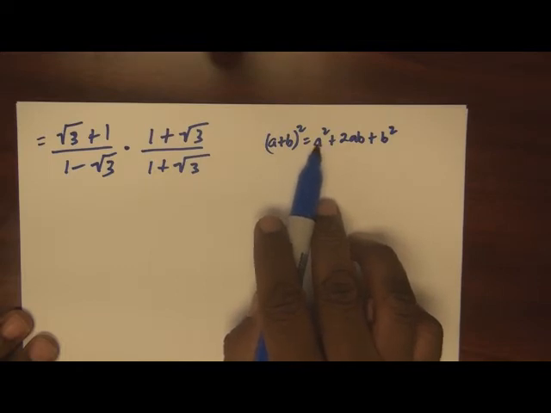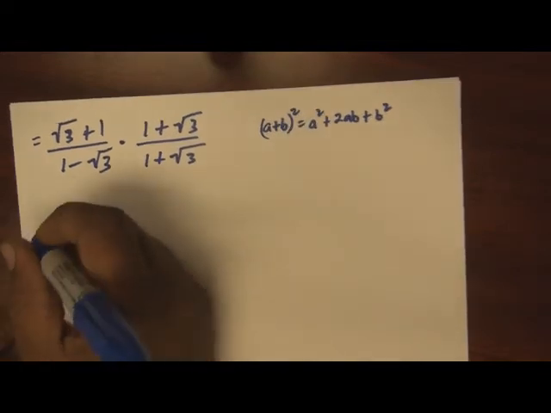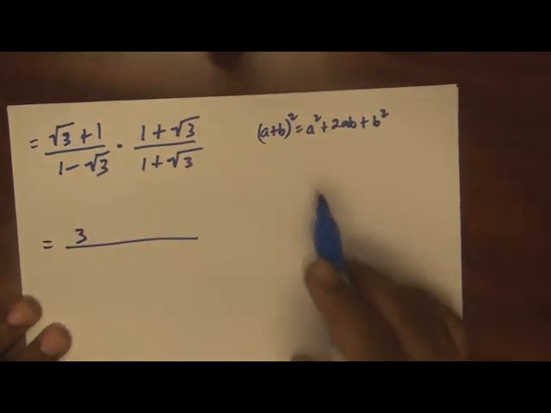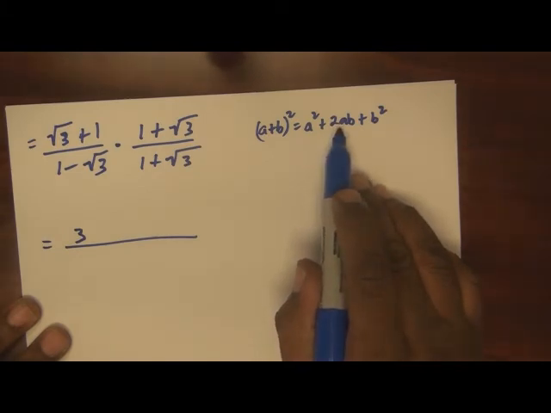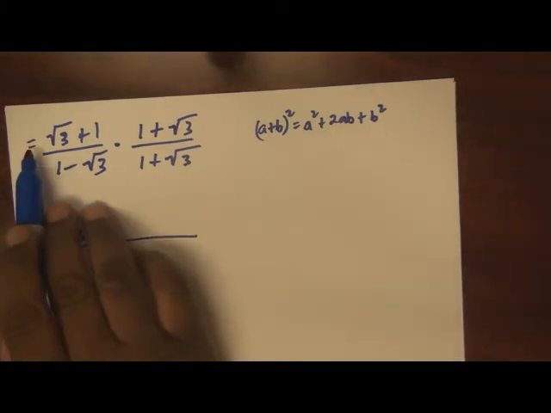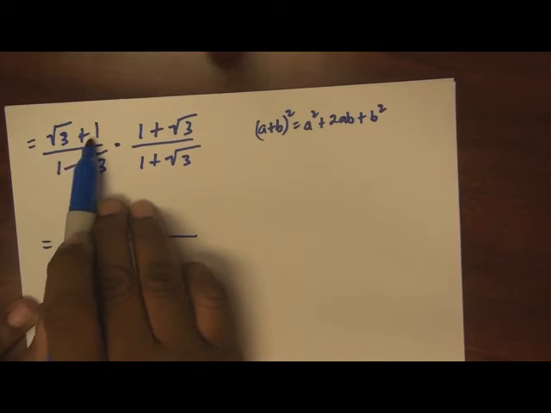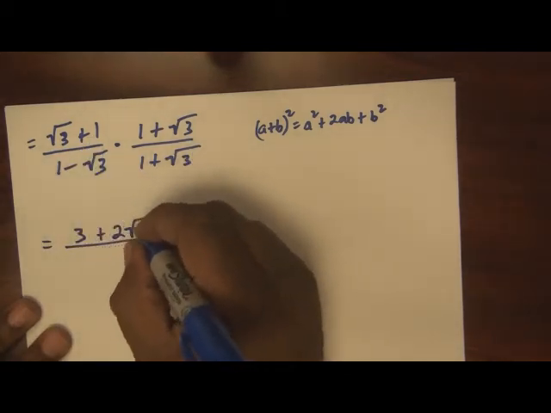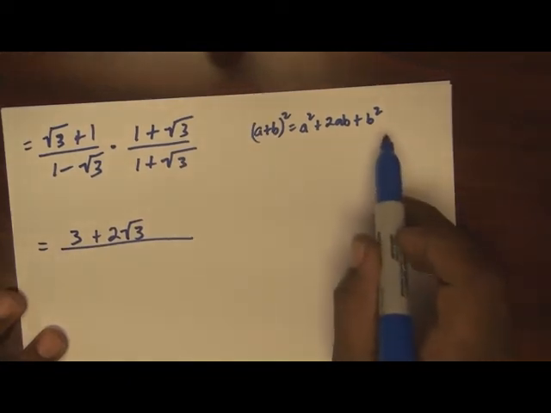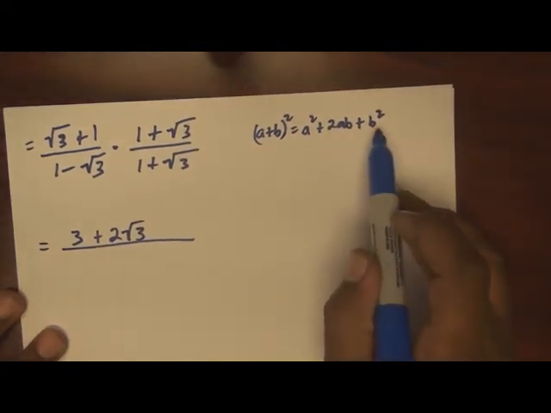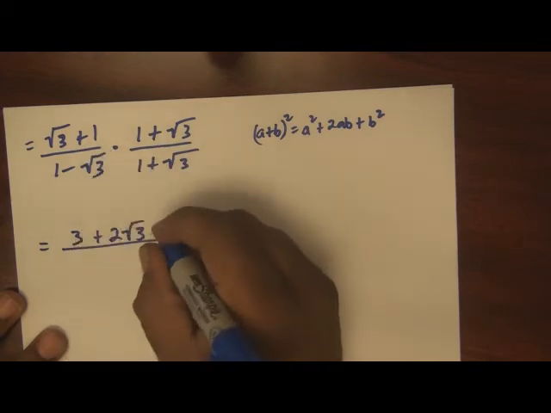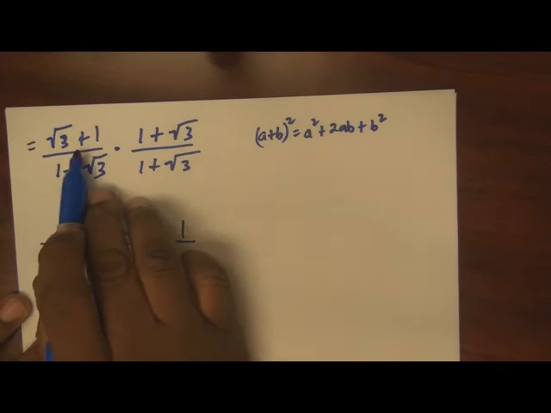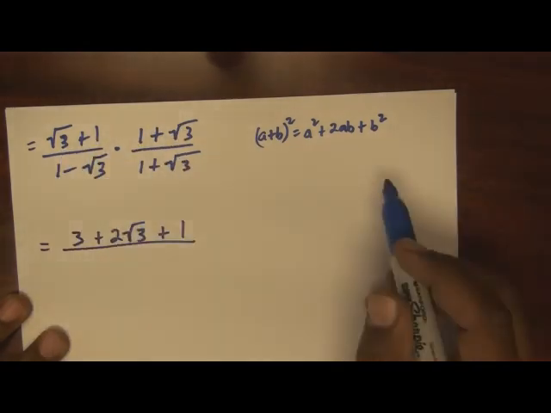If you were to square the square root of 3, we get 3, plus 2 times a times b. So 2 times the square root of 3 times 1 is 2 times the square root of 3. And if you square your last term, 1 squared gives us 1. Or you could FOIL that out, first, outer, inner, last.